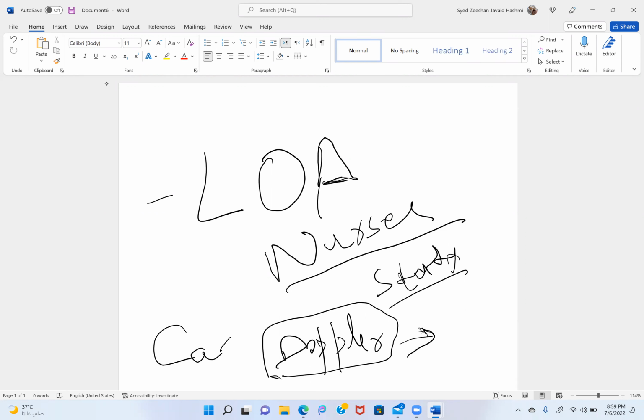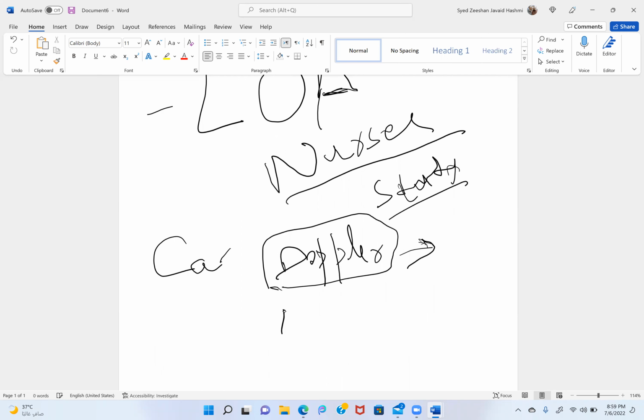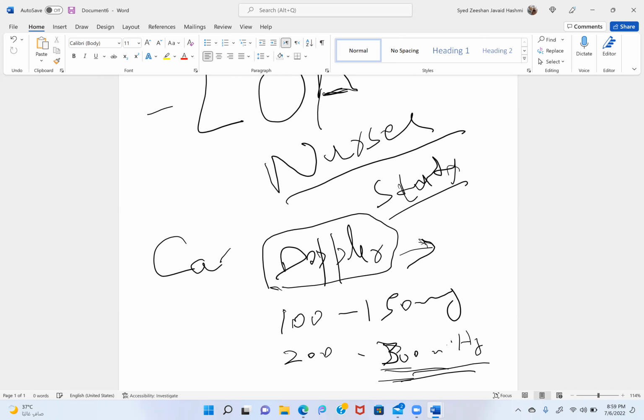Yes, sir. In the lower limb, they fix the pressure above the systolic, 100 to 150. If they are not doing it, usually it is 200 for upper limb and 300 for lower limb in adults. Different values, from 200 to 250 in upper limbs and 250 to 300 in lower limbs.